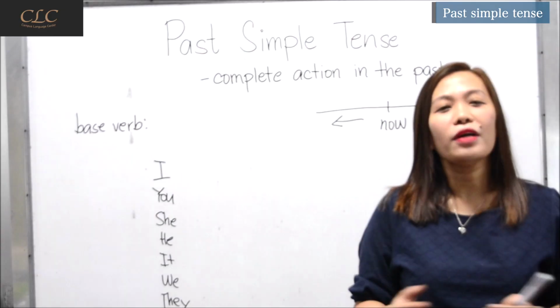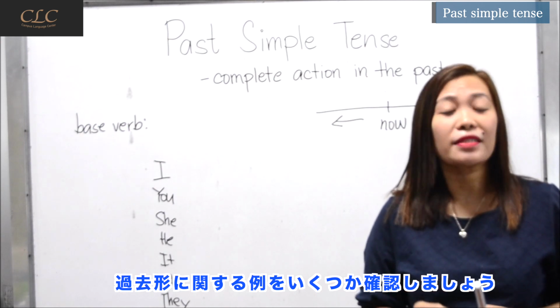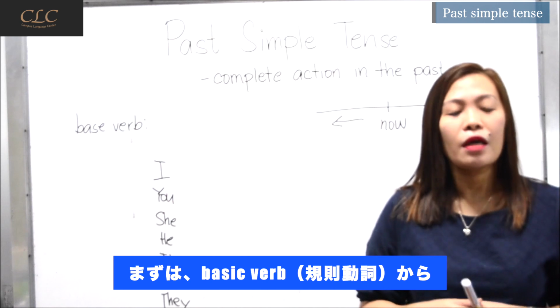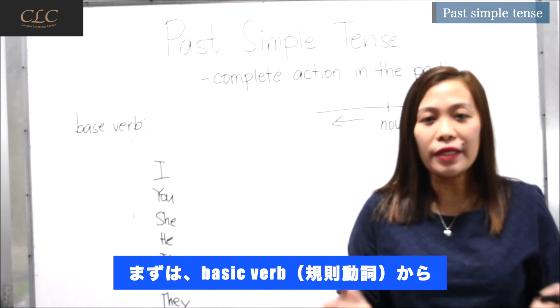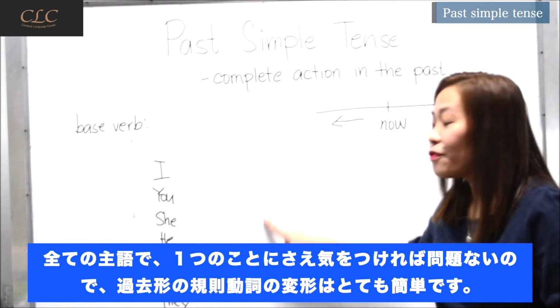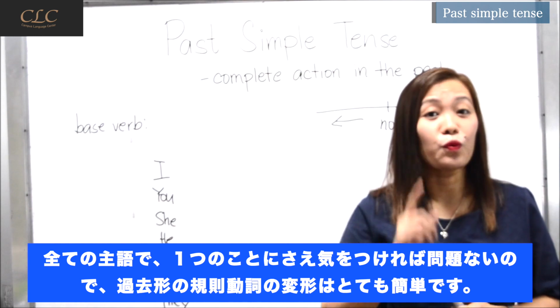So now, let's look at a little sample of what this tense sounds like when we use it with a basic verb. In some ways, this is so easy because when we use this tense with all of these subjects, you just have to learn one word.